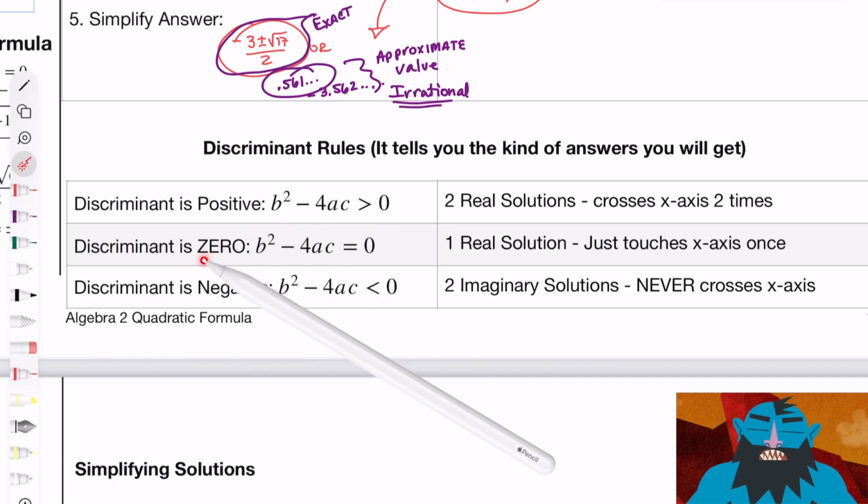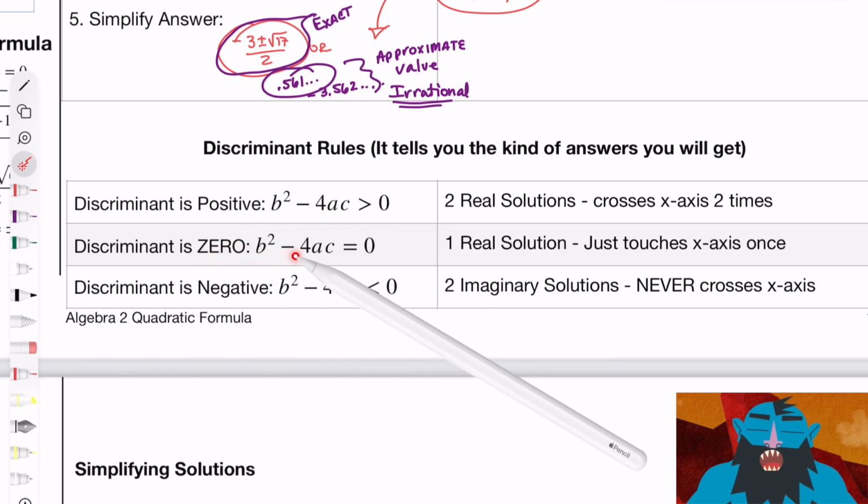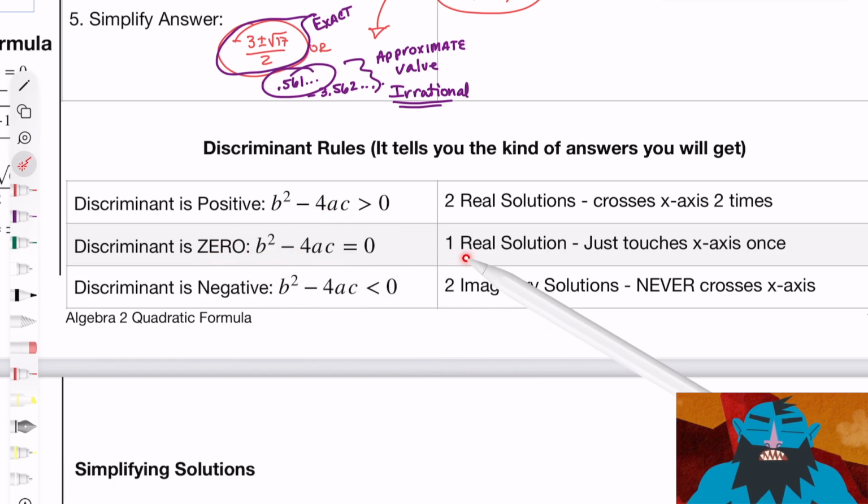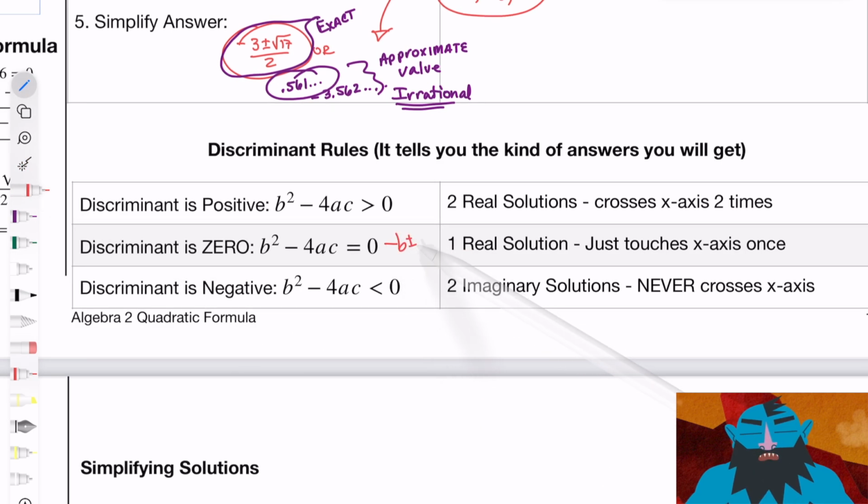If your discriminant comes out to be exactly 0, then you only get 1 solution because you get negative b plus or minus 0 on top. And so negative b plus 0 and negative b minus 0 give you the same number, negative b over 2a. So you just get the one answer.